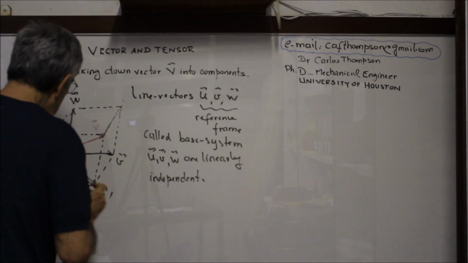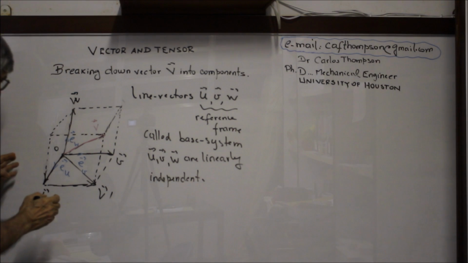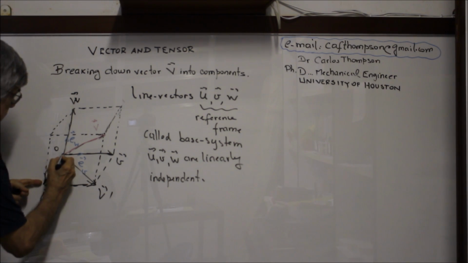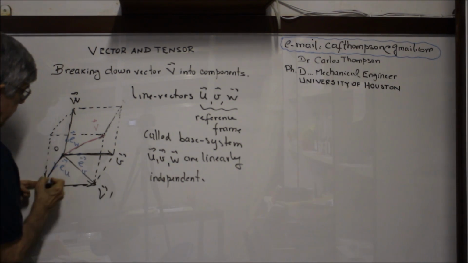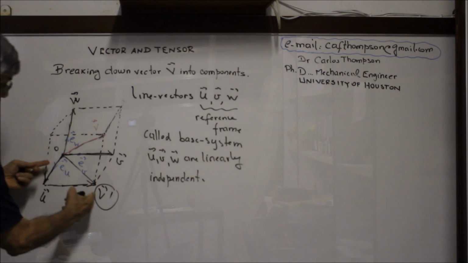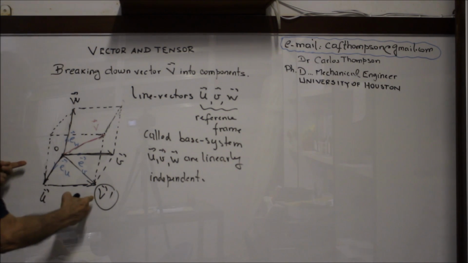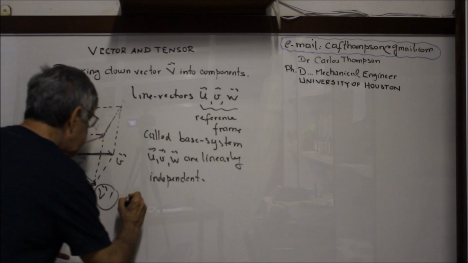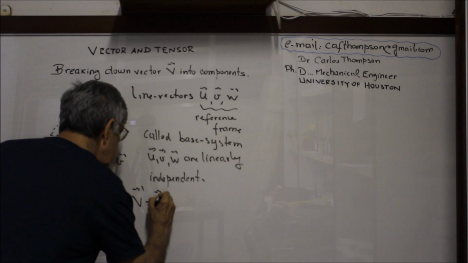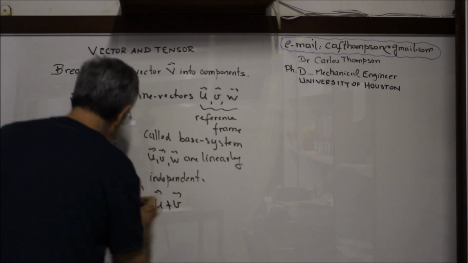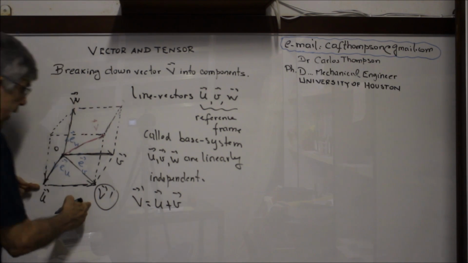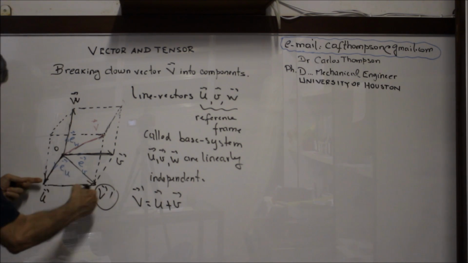Now, we saw previously that this vector u plus this vector v ends up with the vector called v prime. This v prime is equal to vector u plus vector v. u and v prime lie in the same plane.